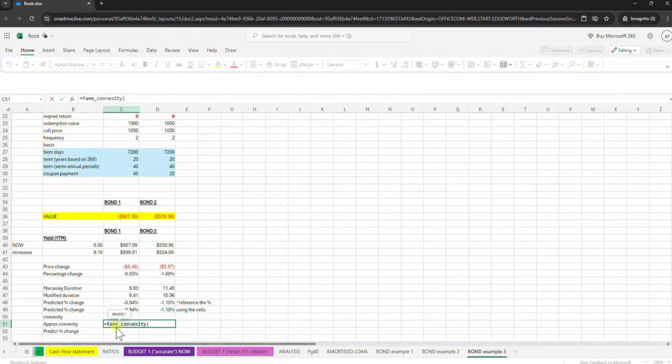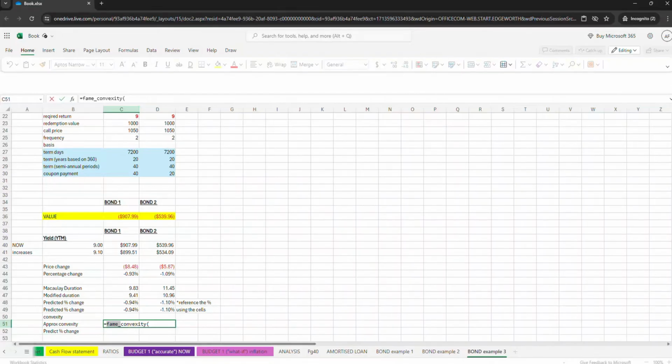My general gut feeling is that this FAM underscore convexity is an inbuilt function. On Excel you can actually use what they call a macro. You can program or create these automatic formulas and save them as a macro.